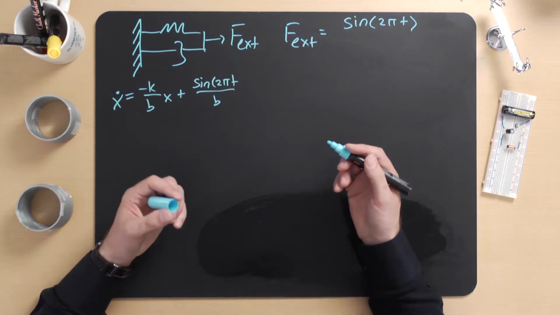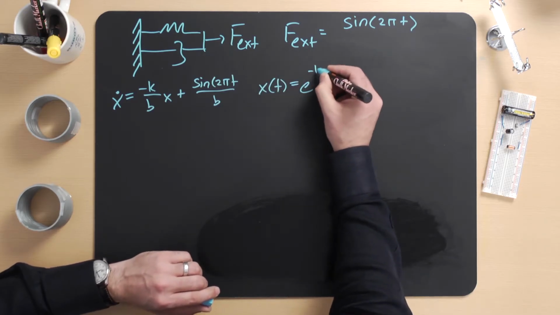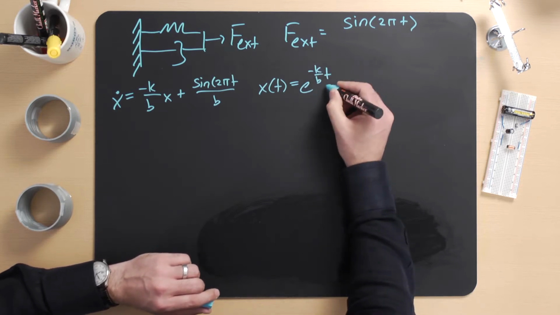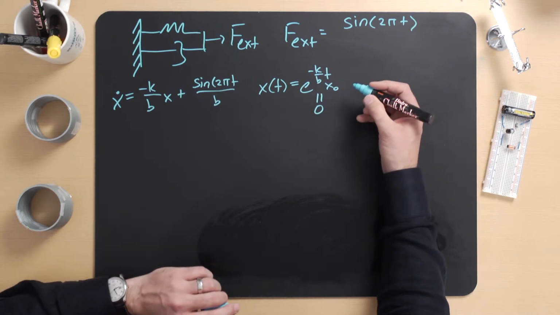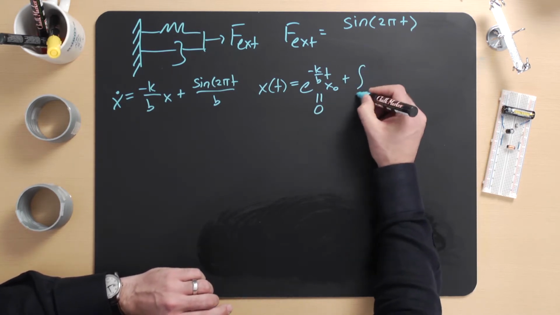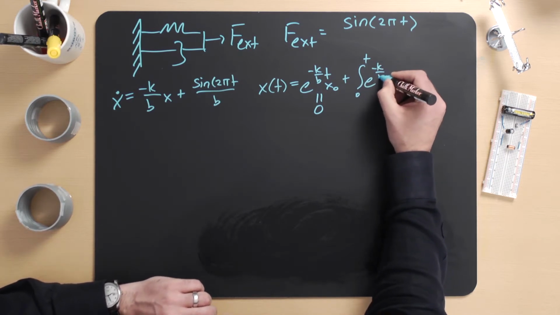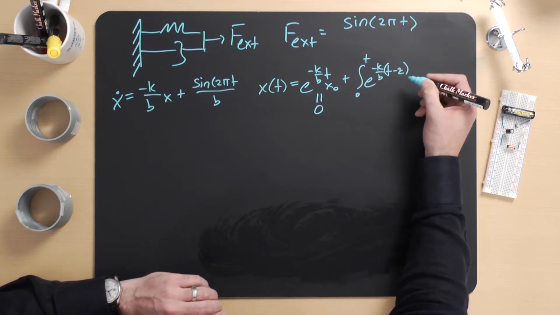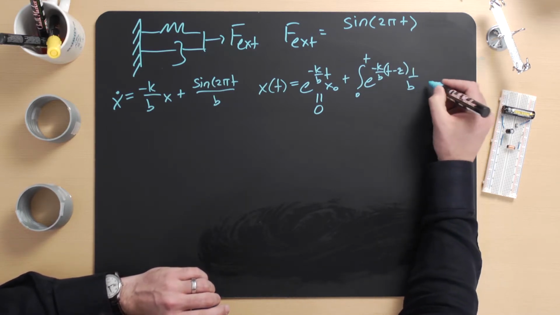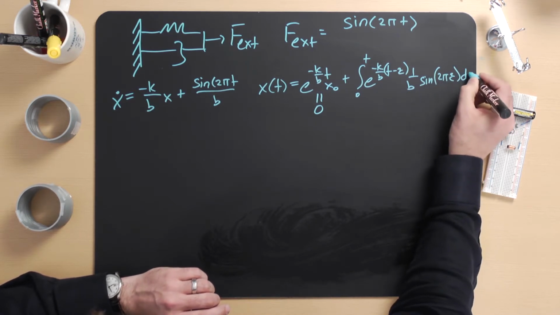Now, the convolution equation means that this ODE has the solution x of t is equal to e to the minus k over b t times x naught, we know that that's equal to 0 because x0 is equal to 0, plus the integral from 0 to t of e to the minus k over b times (t minus tau) times 1 over b sine 2 pi tau d tau.